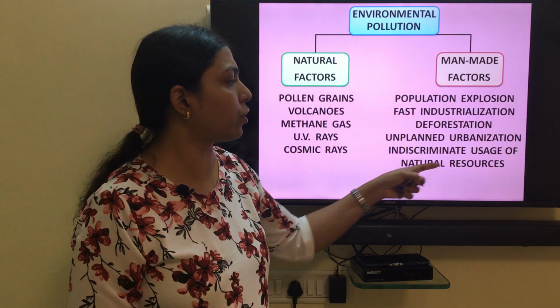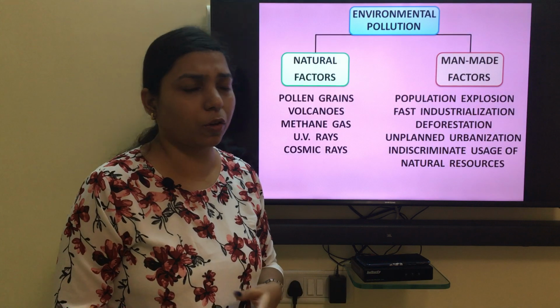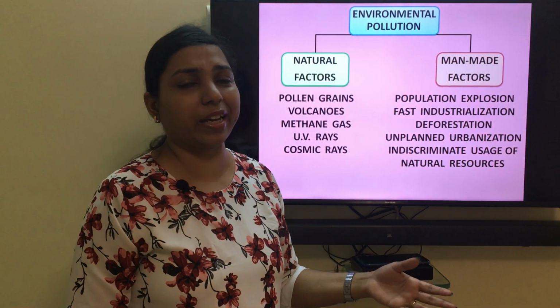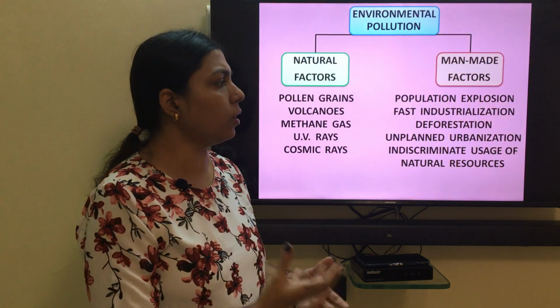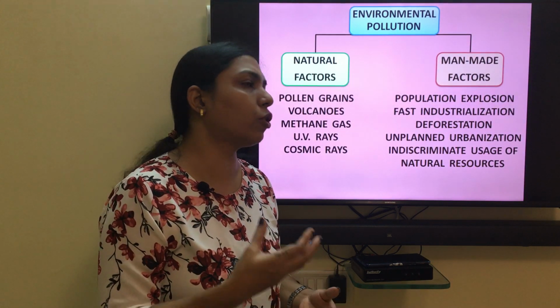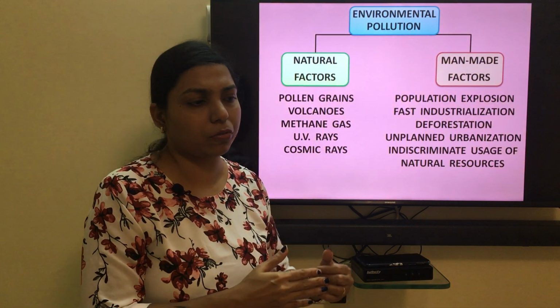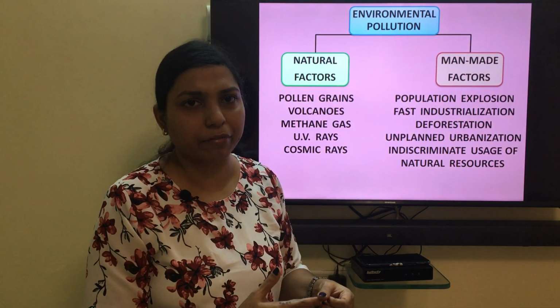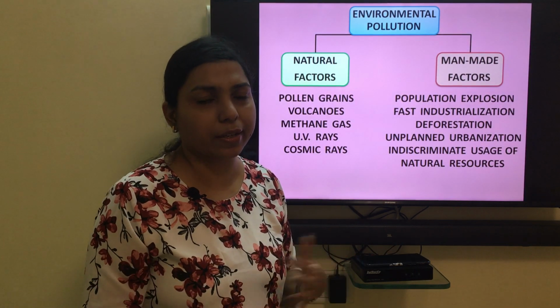Indiscriminate uses of natural resources, using of cars for short distances wherein we can easily walk out that particular distance, then all these things wherein we are not thinking of reducing the amount of wastage that we are actually doing. Also using electricity unnecessarily.